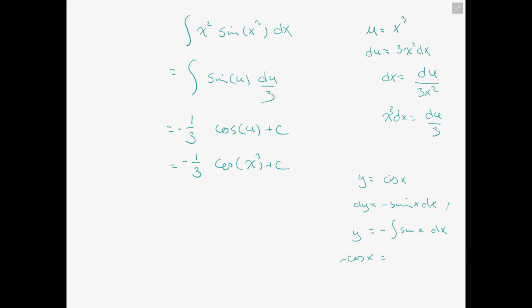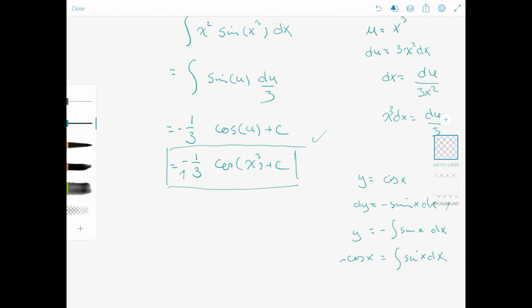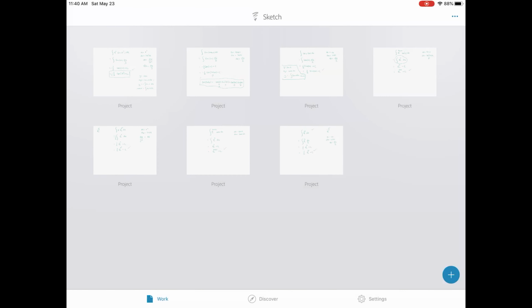It's always good to go back and check. So minus dy equals sine x dx. So that's what we did. We left out our minus sign. So this is the answer right here. Make sure you got that negative sign.